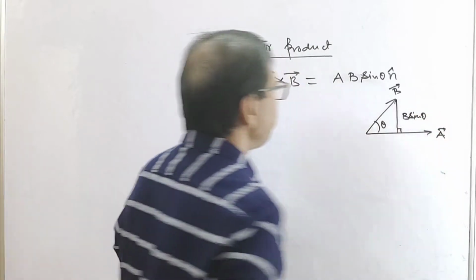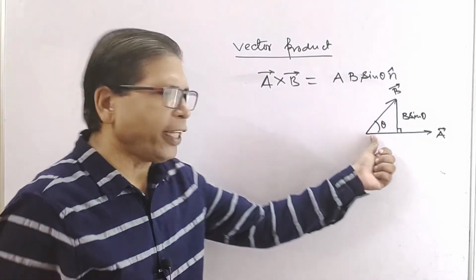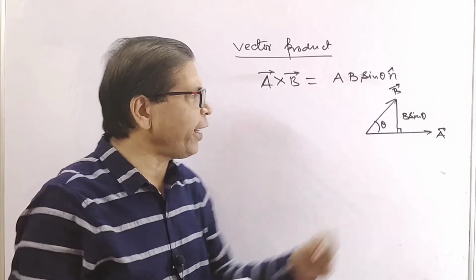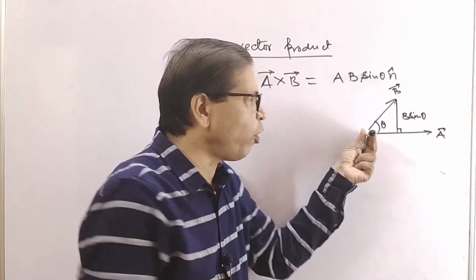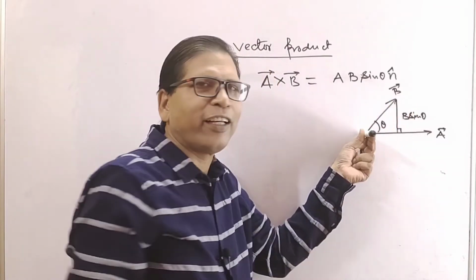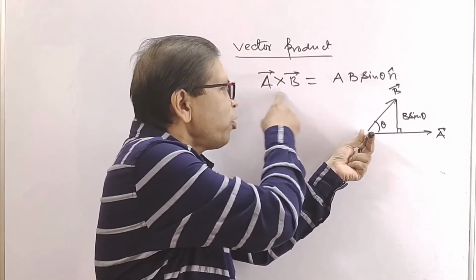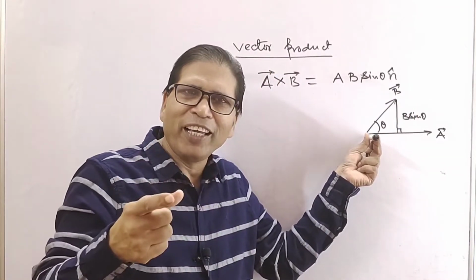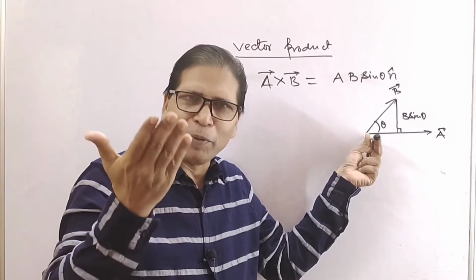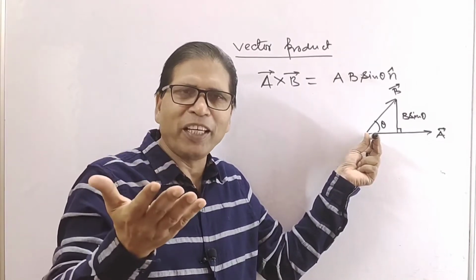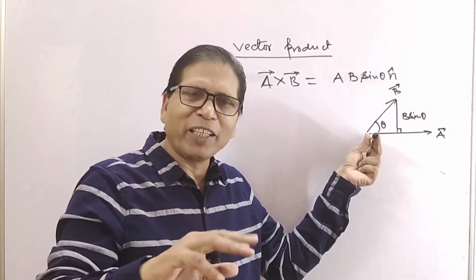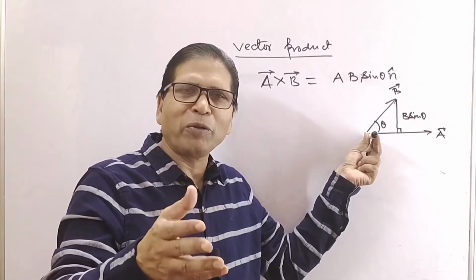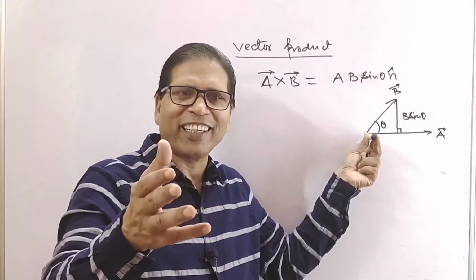Here theta is the angle between the two vectors and n cap is a unit vector perpendicular to the plane containing a vector and b vector. So a cross b is perpendicular to a, a cross b is perpendicular to b, a cross b is perpendicular to a vector plus b vector, and also perpendicular to a vector minus b vector.